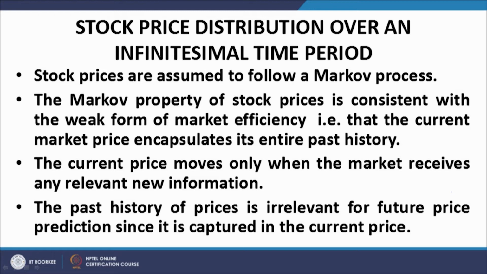In other words, the weak form of the efficient market hypothesis, which is the hypothesis on which this model is based, says that the entire past history, how the price has evolved over the past, and the entire information about the behavior of the prices is encapsulated in the current price.